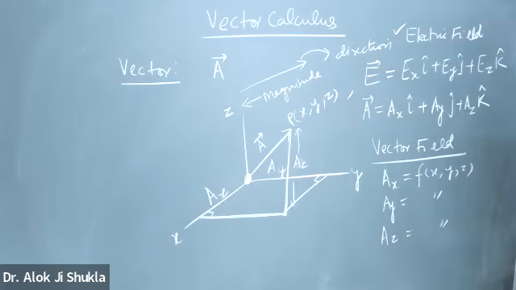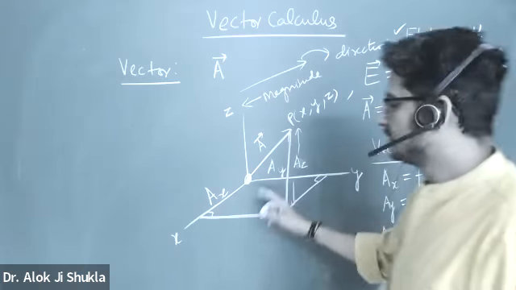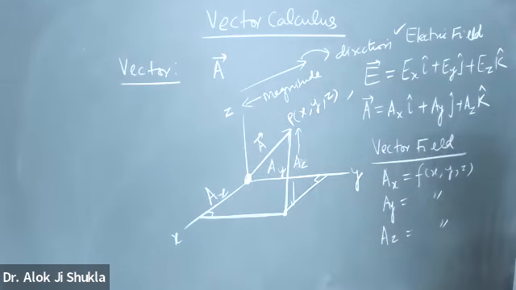Now this system is known as Cartesian coordinate system. This is a vector represented in this Cartesian coordinate system.